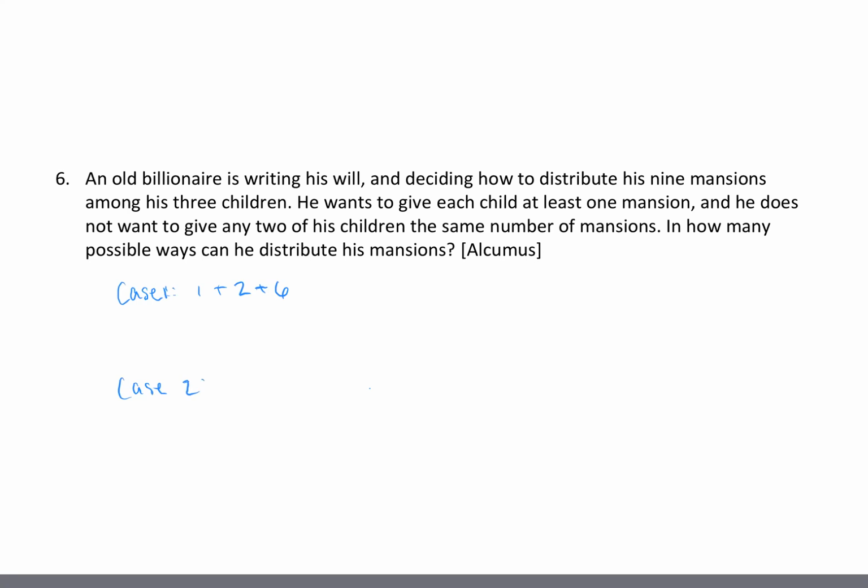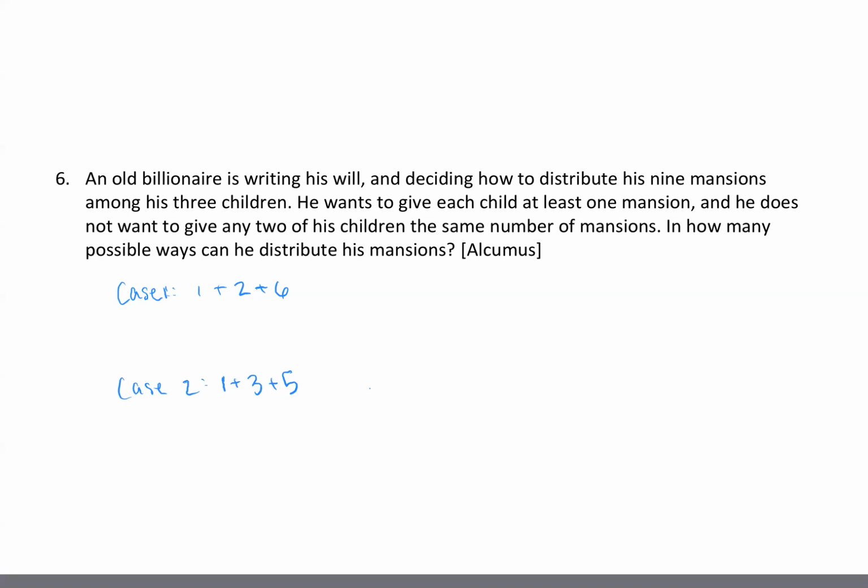let's say we can say that the first child has one mansion, and then the second child can have like 3 mansions, right? And then this leaves the last child with 5 mansions.